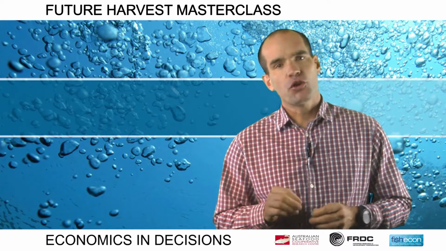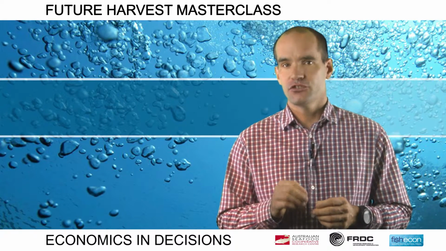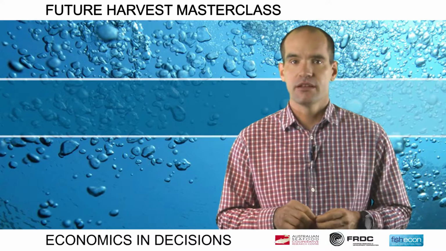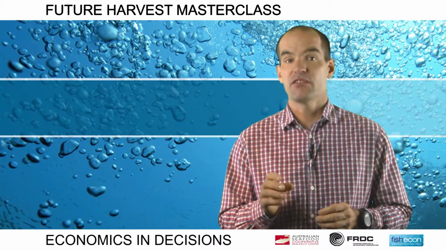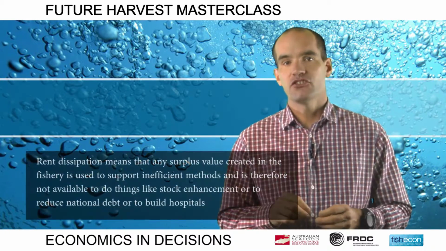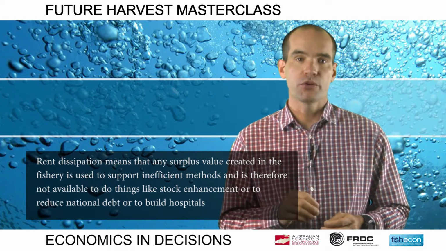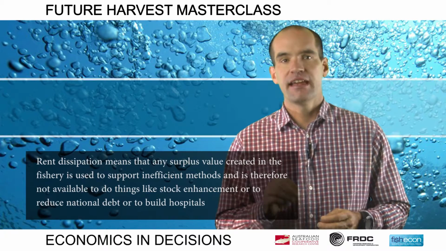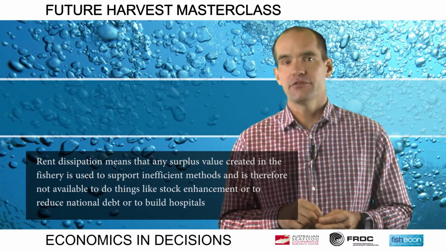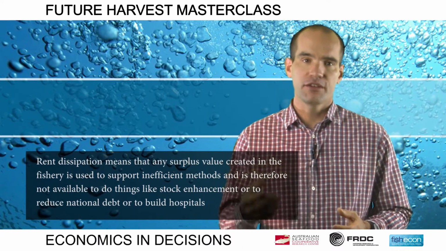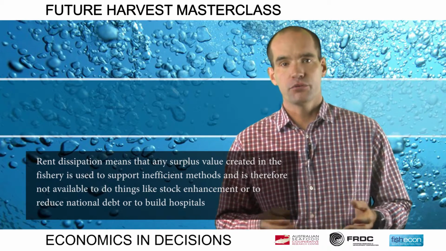Now, even if controls on effort could be designed to effectively restrict harvest to its target level, there will be a loss of efficiency and rent dissipation. Rent dissipation means that any surplus value created in the fishery is used to support inefficient fishing practices and is therefore not available to benefit the greater community by doing things like reducing national debt or improving our hospital system.